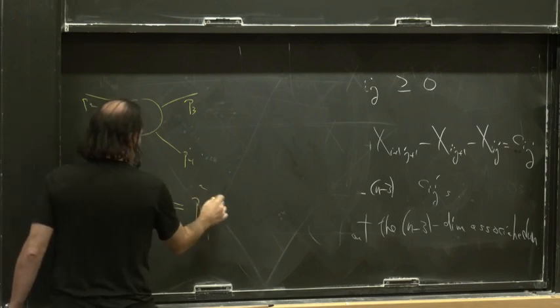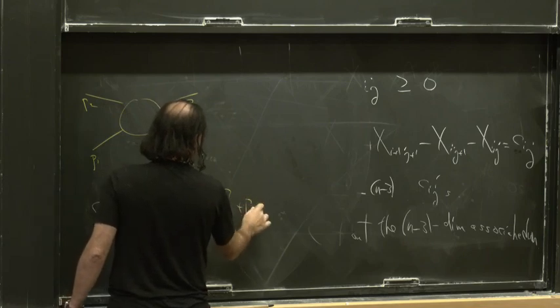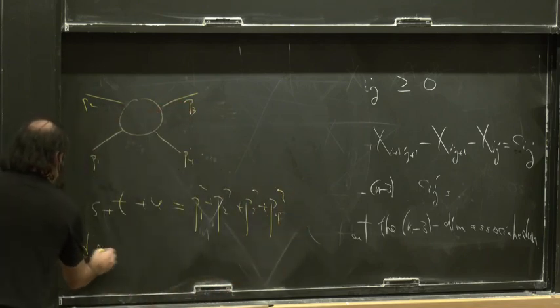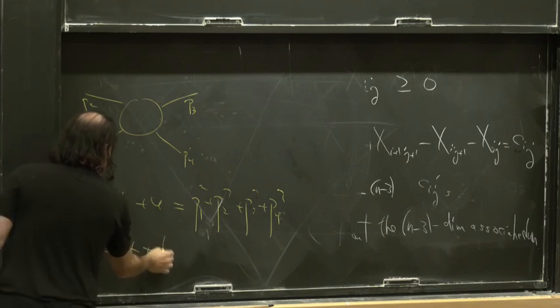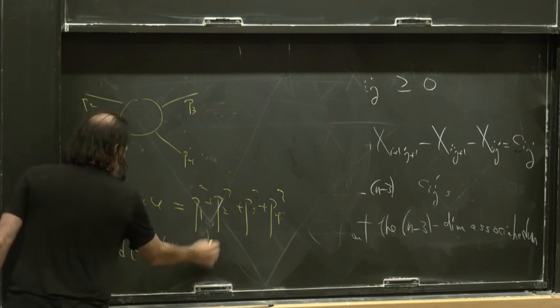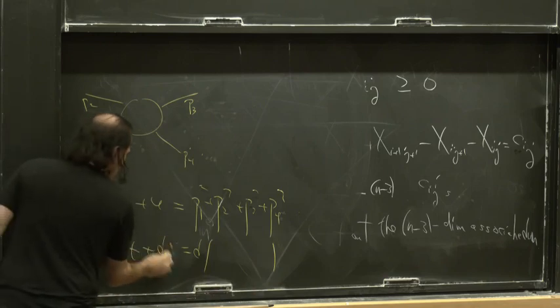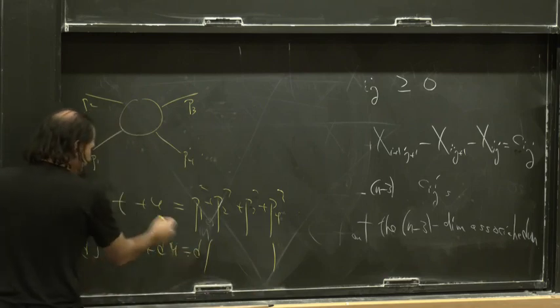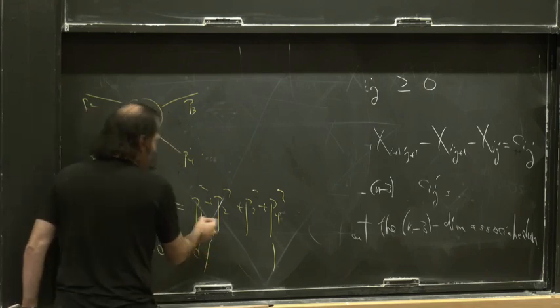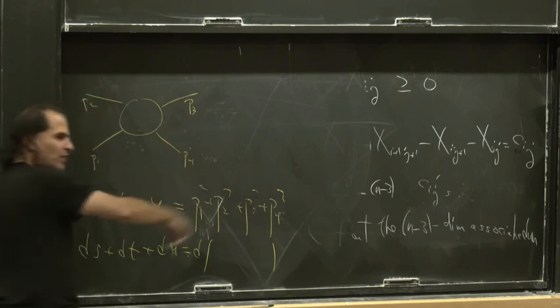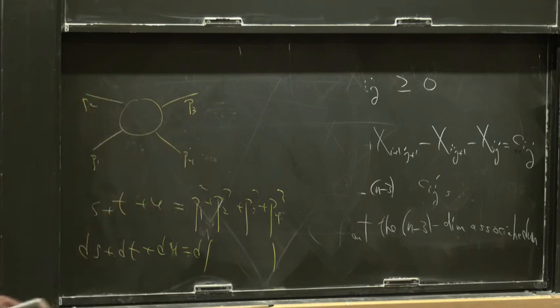So it's p1 squared plus p2 squared plus p3 squared plus p4 squared. But this means that ds plus dt plus du is the d of all of these things. And therefore, if you wedge ds plus dt plus du into dp1 squared, dp2 squared, dp3 squared, dp4 squared, which is what you do if this went out to the rest of the diagram, you get 0.